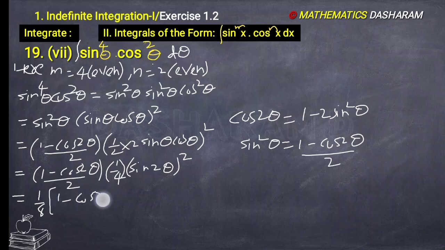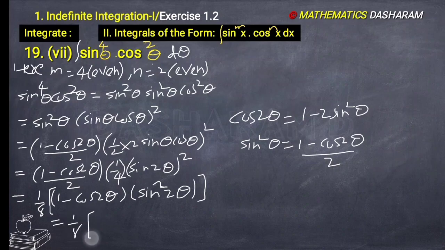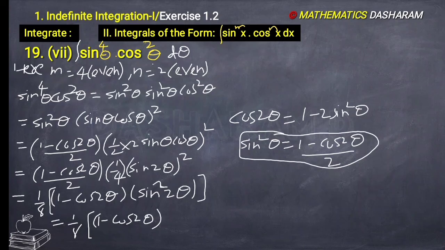1 minus cos 2 theta into, here sin 2 theta whole square I can write as sin square 2 theta. So it is equal to 1 by 8, 1 minus cos 2 theta into, here apply the same formula: sin square theta equals 1 minus cos 2 theta by 2, but here in the place of theta we have 2 theta.